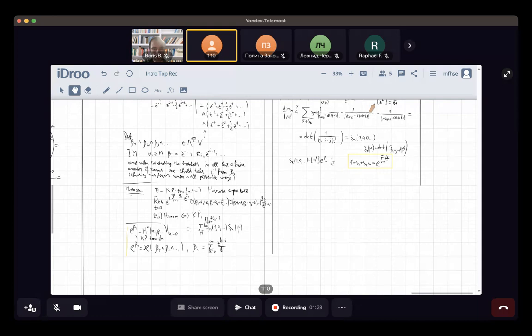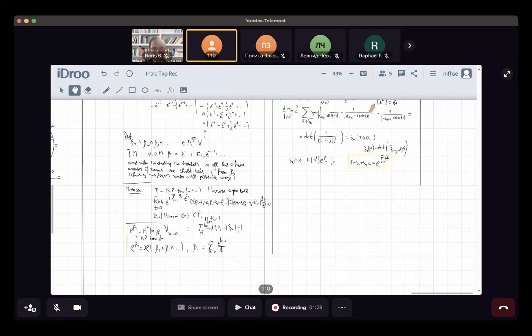So these are basis elements in this space, and there is an isomorphism of this space and the space of series in p variables, such that we map v mu to the Schur polynomial s mu. This gives you an isomorphism.